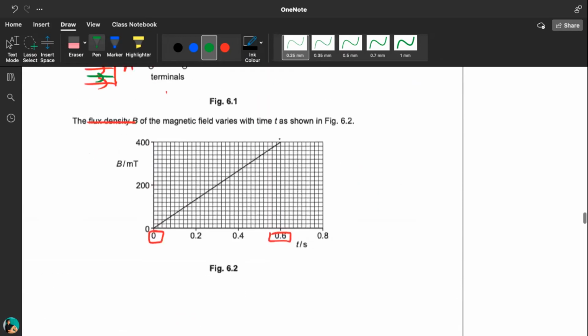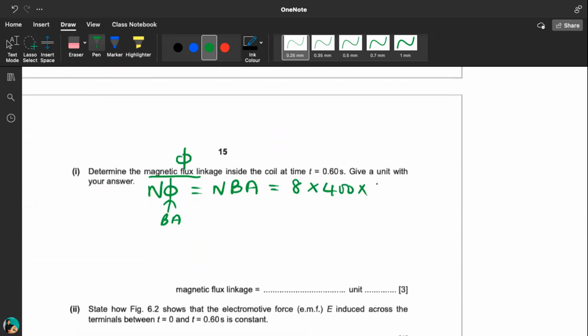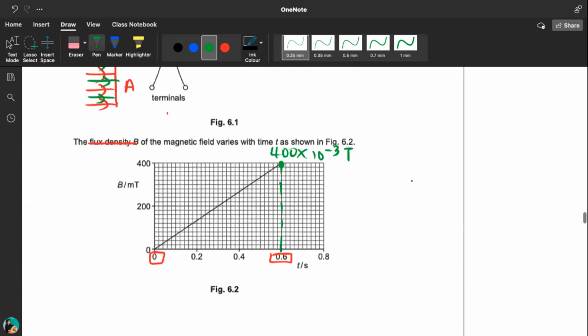So time 0.6 is over here, 400 milli, so times 10 to the minus 3 Tesla, times the area.